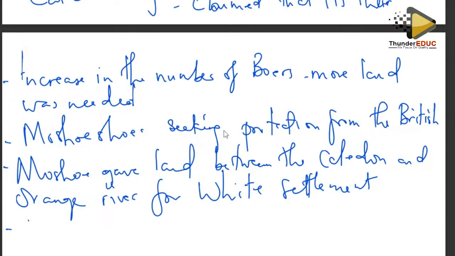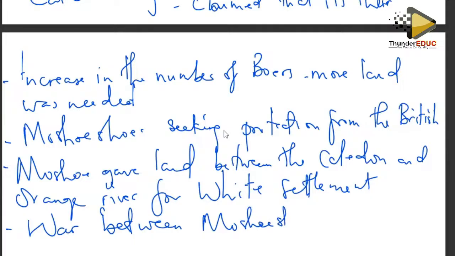Then we can also look at conflict. There was a war between Moshoeshoe and the British, which shows that there was conflict.